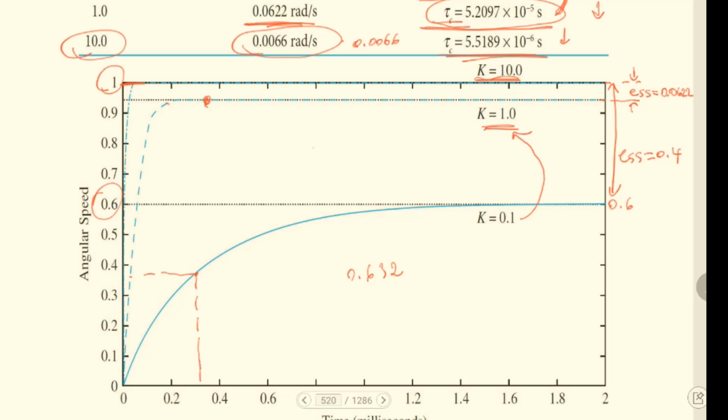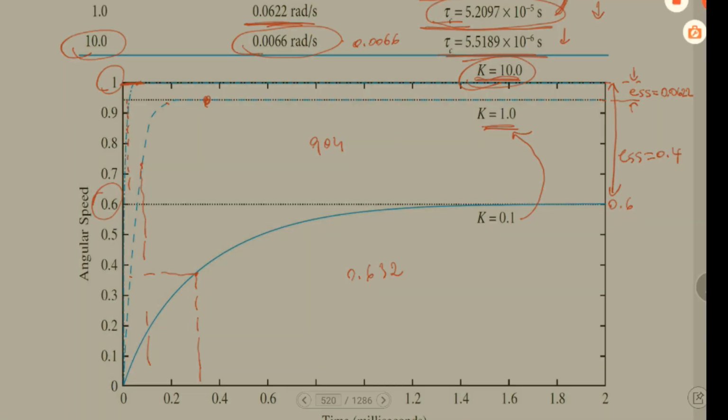For this system, the final value is 0.94 maybe. So we can accept it like that, for example, as the time constant. But for this one, where K is equal to 10, the time constant is smaller than the others. Okay, this is the importance of the controller for any system.